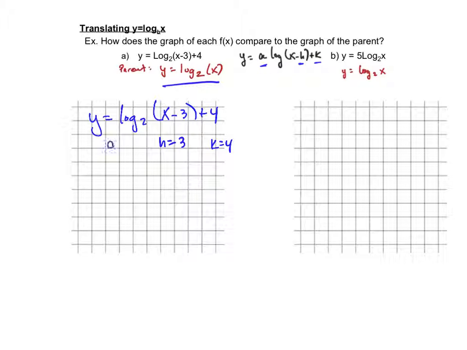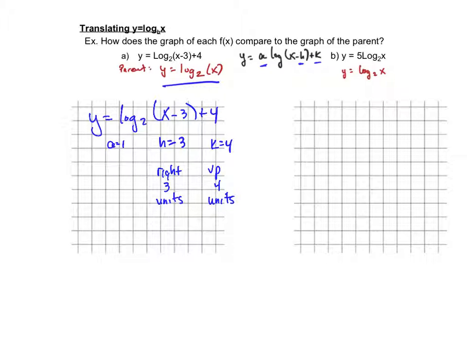There seems to be that a is equal to 1, so there's no expansion or compression. So we know that h is 3, so it should be moved right 3 units. And then k is 4, so it is going to be moved up 4 units from the parent function.